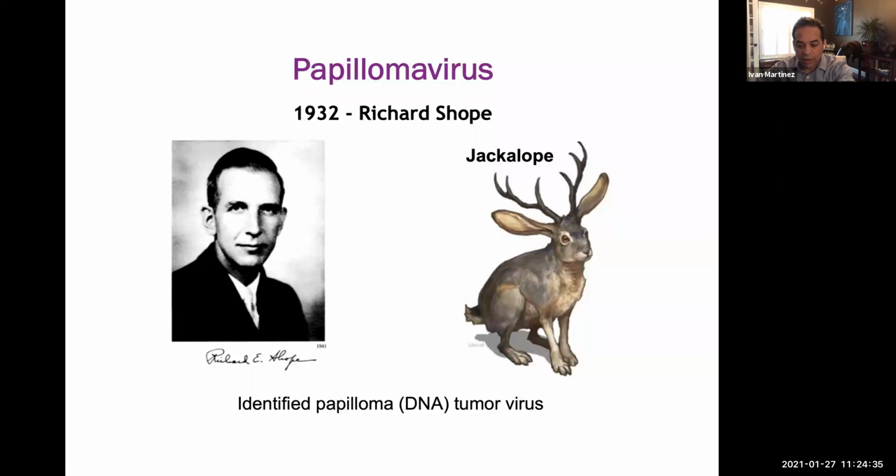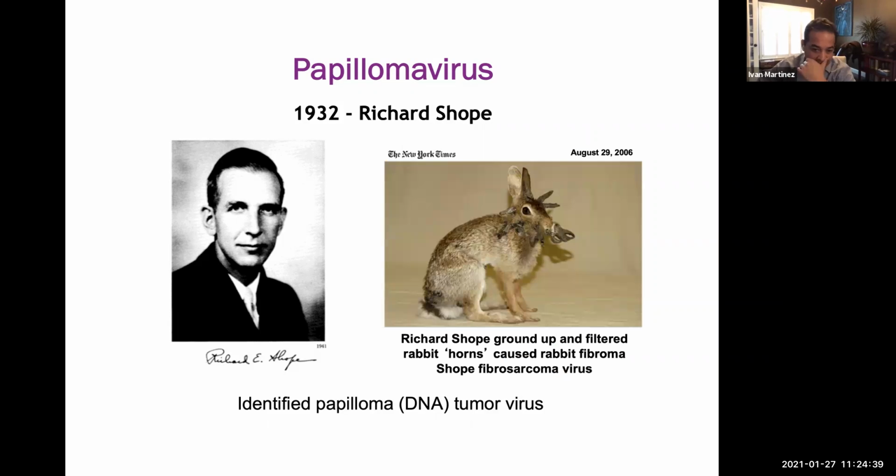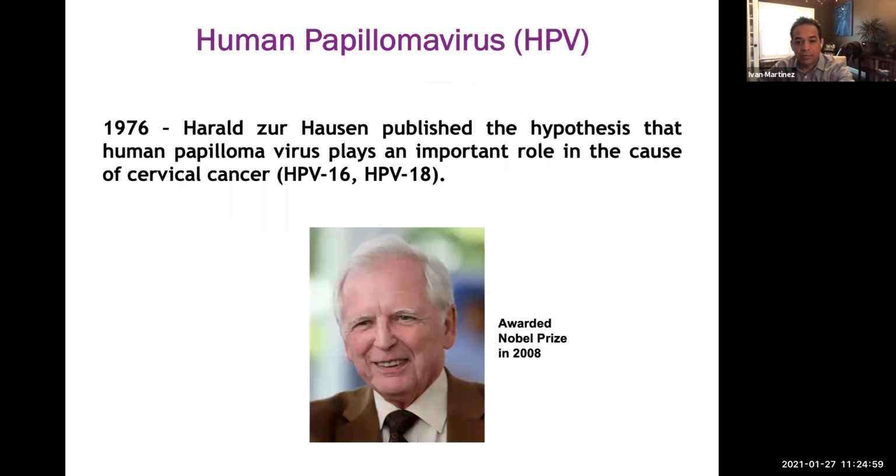But maybe they were right, because Richard Shope actually discovered rabbit fibromas growing out of the heads of wild rabbits that look like horns, and they're caused by a specific papillomavirus that infects rabbits.